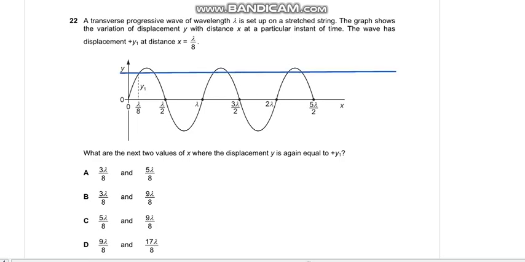Now let's see the instances when displacement positive y1 is seen. This is the first instance, which is lambda by 2 minus lambda by 8. Now the second instance is lambda plus lambda by 8. Let's calculate and find the answer. So this makes 3 lambda by 8 and 9 lambda by 8. So B is the appropriate answer.